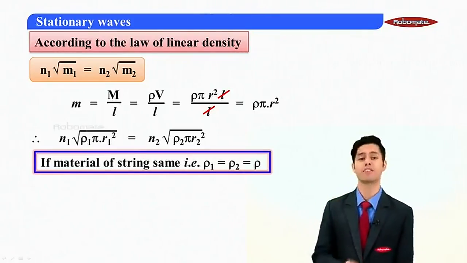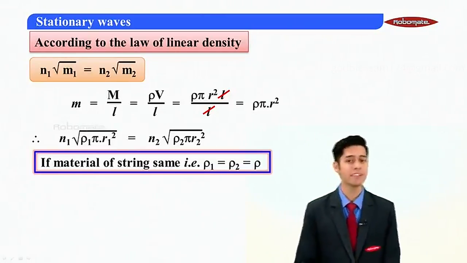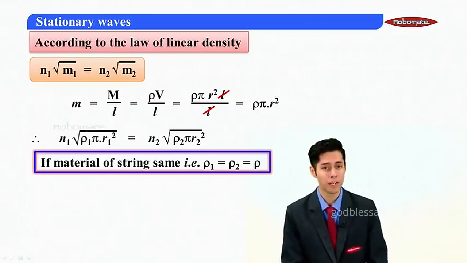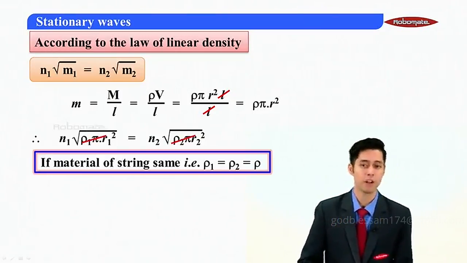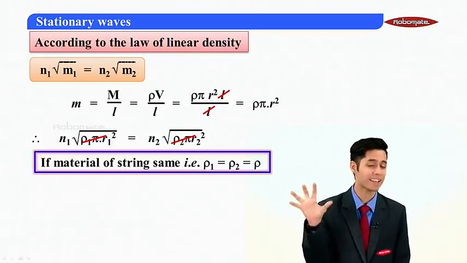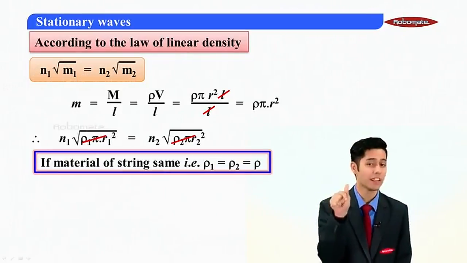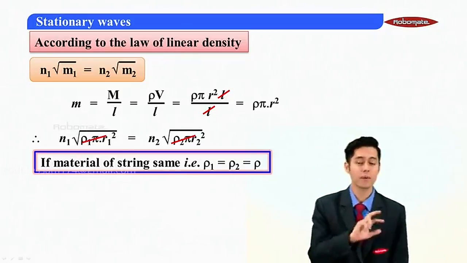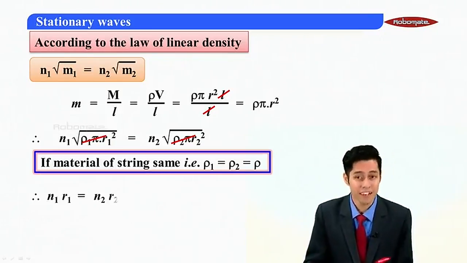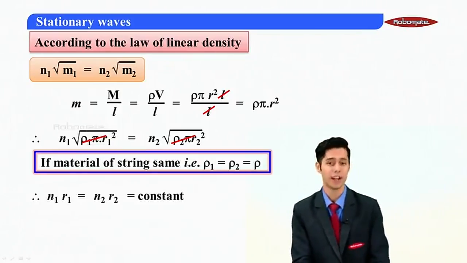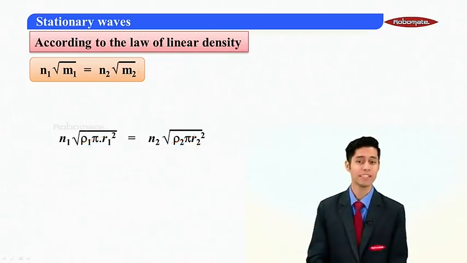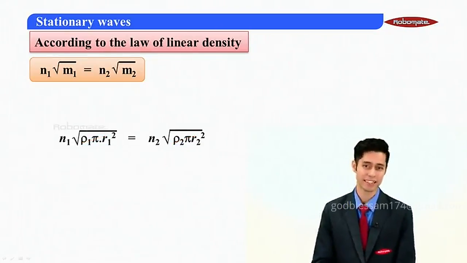Now if the material of the string is same, that means rho 1 is equal to rho 2, which is equal to rho. So rho and rho will get cancelled and pi will also get cancelled. R1 square is the only thing that is left under root and r2 square is the only thing that is left under root. So square and square root will also get cancelled. The final answer will be n1 r1 equals n2 r2. I know that n is inversely proportional to r, so frequency is inversely proportional to the radius.